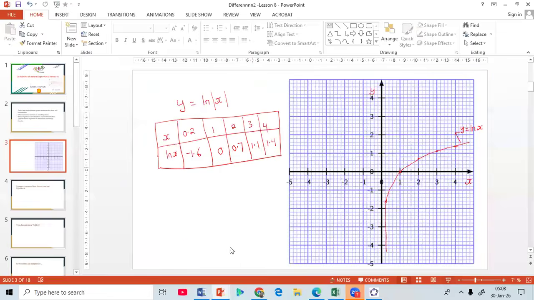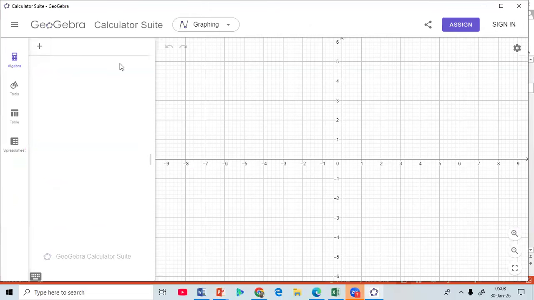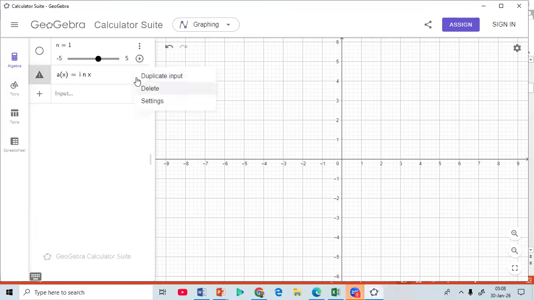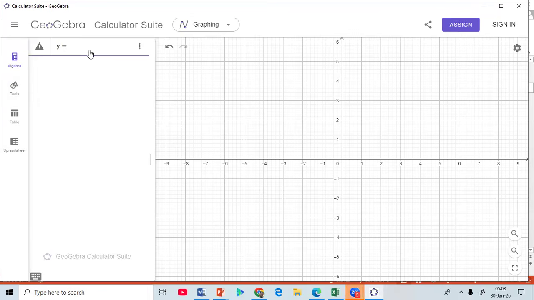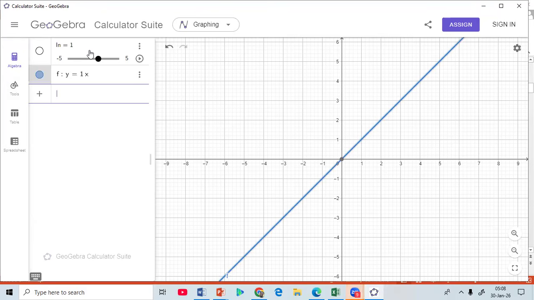Allow me now to check what effects we can have. When you look here on my screen, let me hope it will accept what I want. Natural log. Let me see how I can get y equal to ln x.